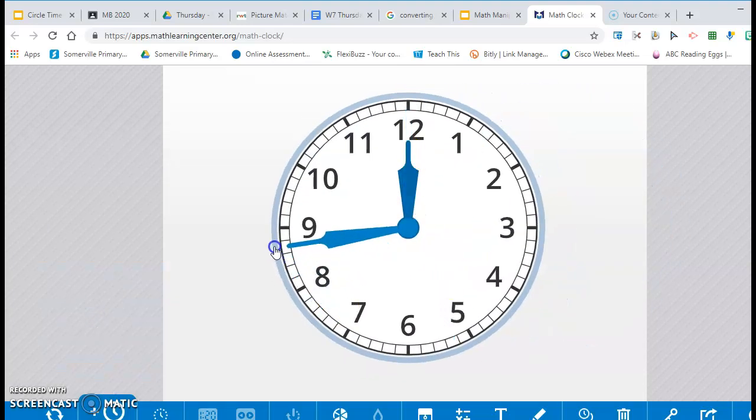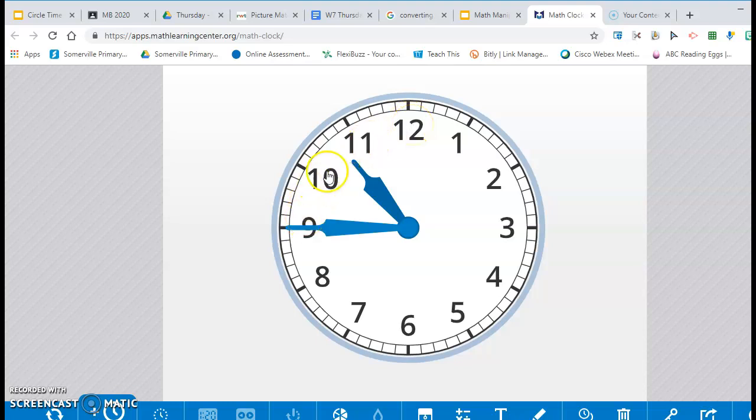So our big hand will be on our minutes, so 45 minutes or quarter to the hour. And our hour hand is going to be almost on the next hour, because it's almost reached a new hour. So we're going to say quarter to whatever hour we're going to. So instead of looking at the number before the hand, we are now looking at the number that comes after the hand because we're going to the next new hour.